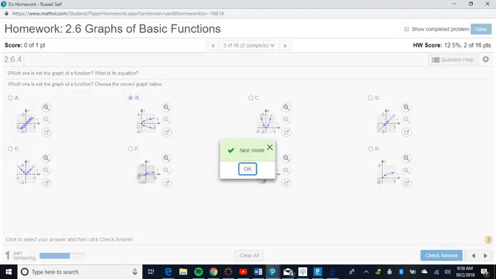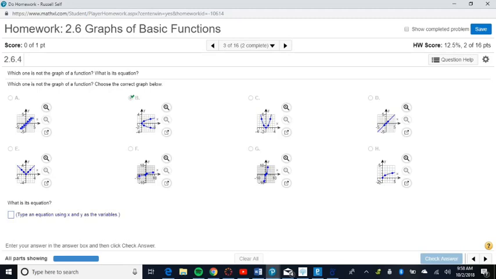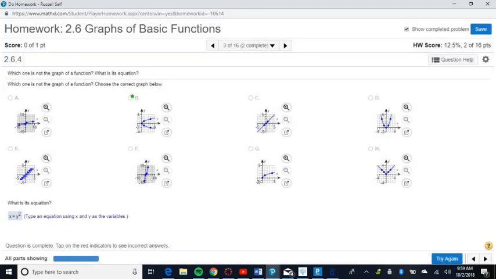Okay? Now, for this one, what they want to know is the equation using x and y as the variables. Well, this one is not a function because of the way it goes, but if you look at the shape that you're given, it looks like a parabola, except that it's a parabola going sideways. Okay? So, look at the equation when that happens. It's not a function, so you're not going to get f of x.